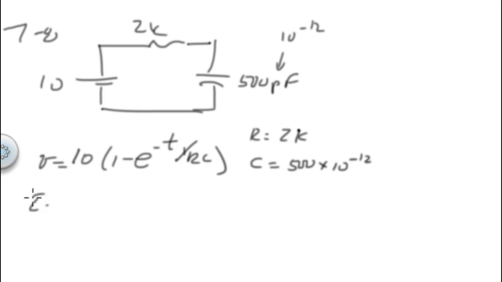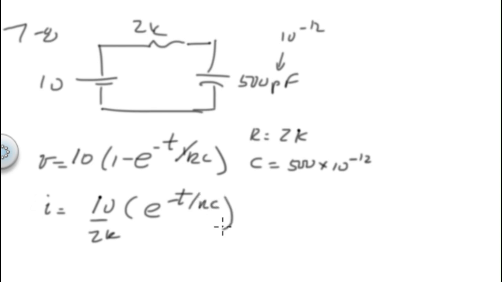Current is equal to 10 over 2K, or 5 milliamps, e to the minus t over RC. That's my current. Okay, excuse me, number 9.